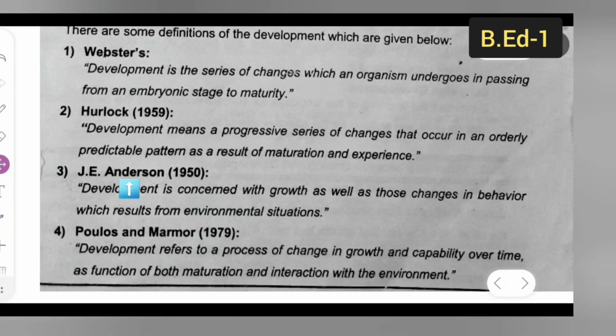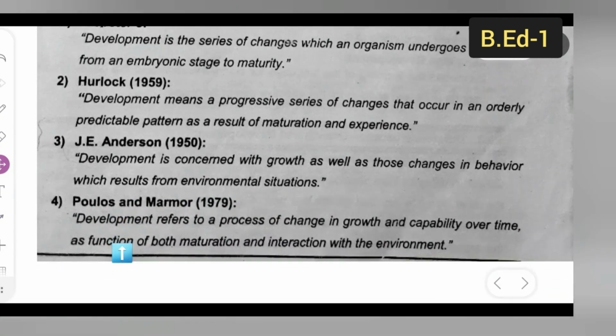J.E. Anderson: Development is concerned with growth as well as those changes in behavior which result from environmental situations. According to Papalia and Olds, 1979: Development refers to a process of change in growth and capability over time as a function of both maturation and interaction with the environment. You can take down these notes.